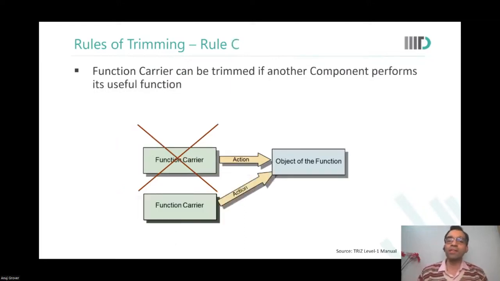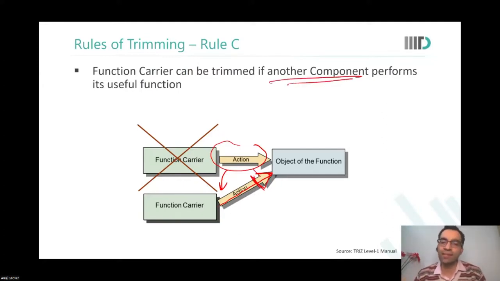Another way to remove an object is to assign the function that was happening to another function carrier in the engineering system, and that other function carrier now performs the function. A function carrier can be trimmed if another component becomes the function carrier instead.